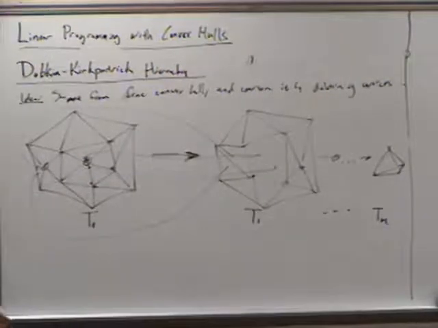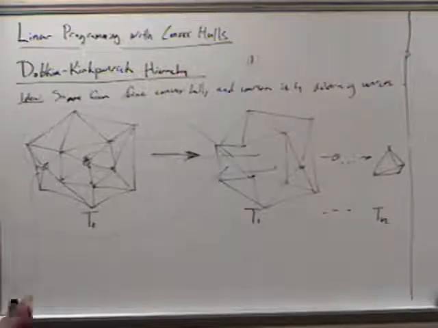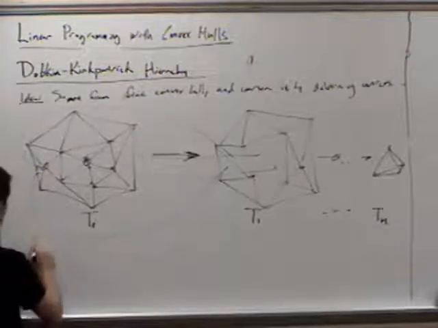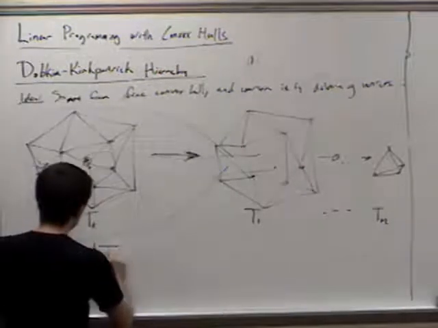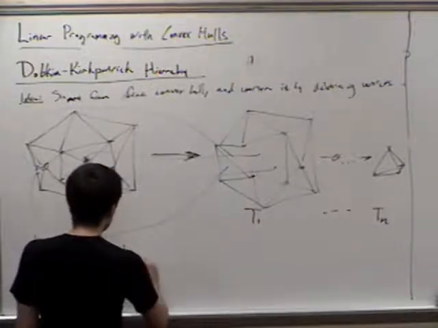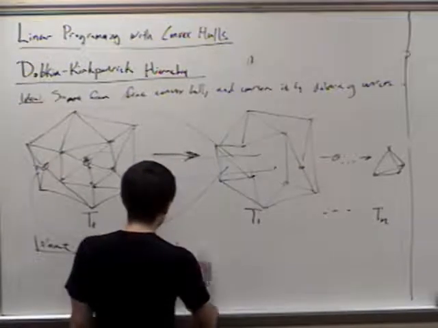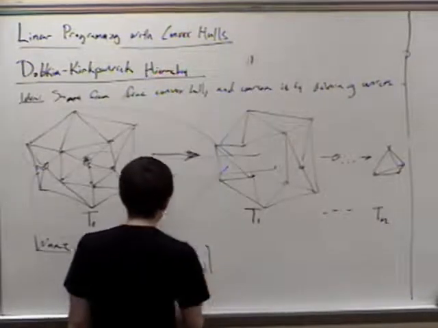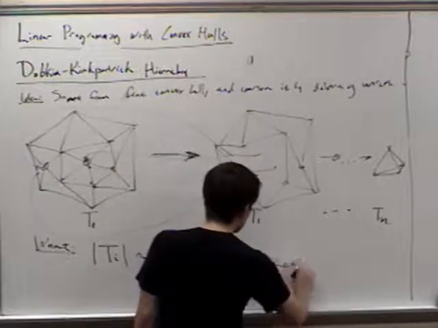So here is the main argument, or the whole key to this thing. This is what we would like to achieve. We would like the number of vertices in level Ti to be on the order of some constant factor c times the number in Ti minus 1, for 0 less than c less than 1.